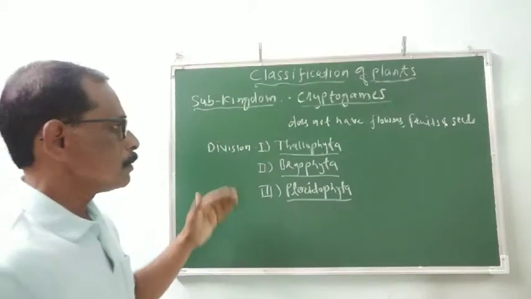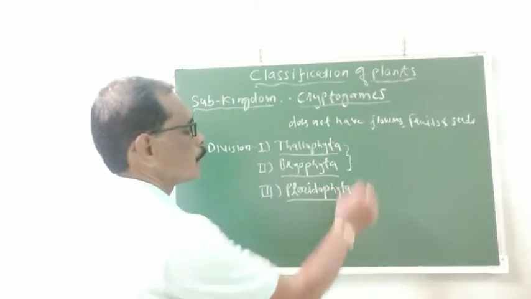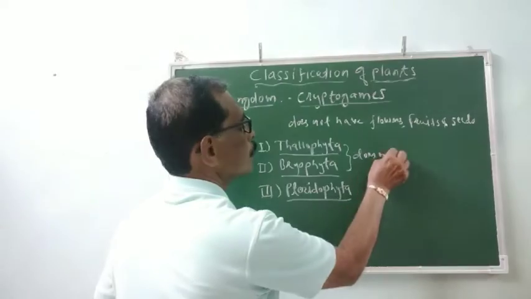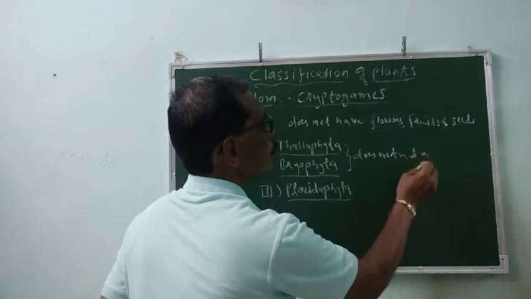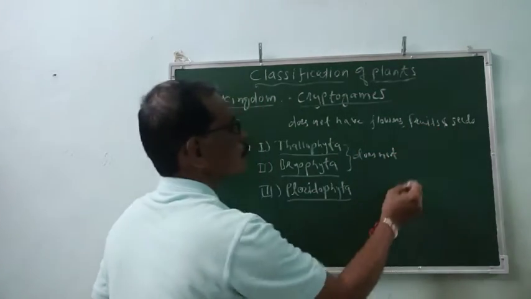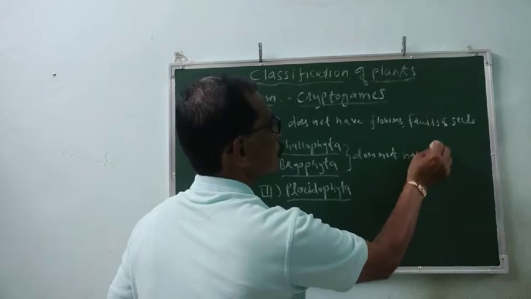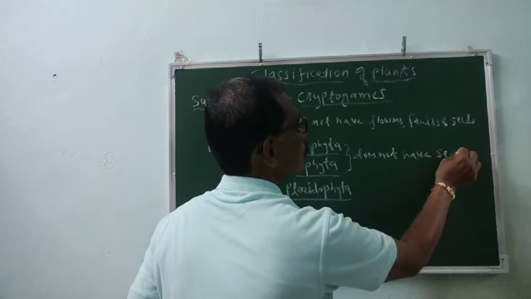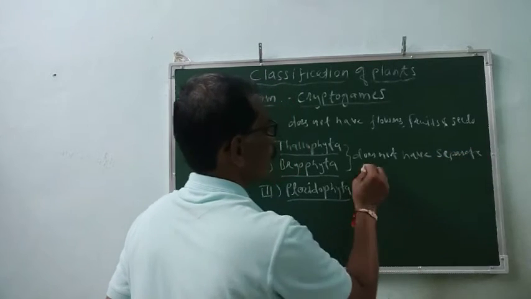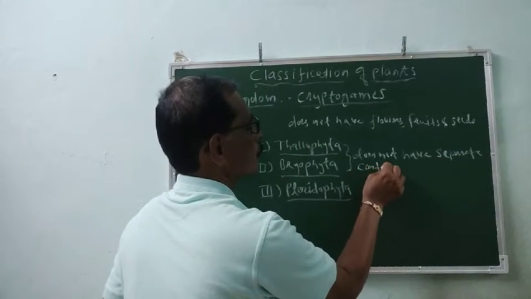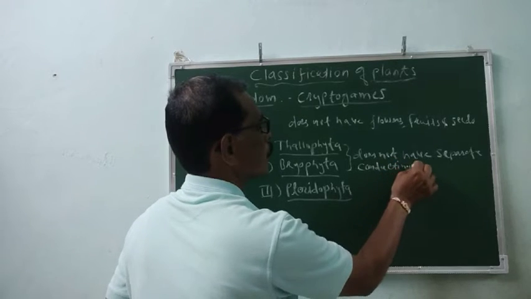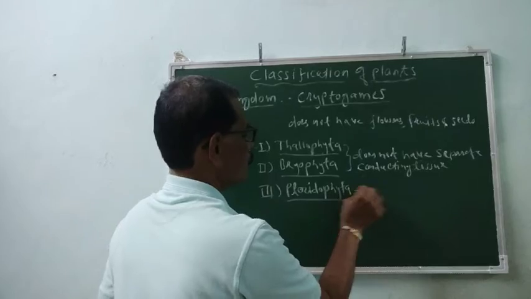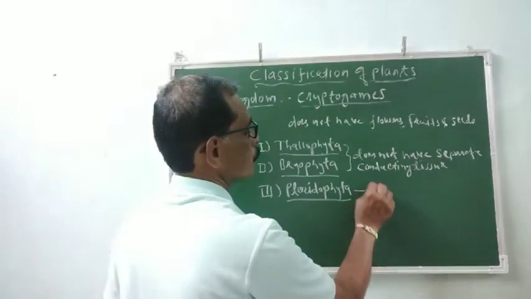From that, Thallophyta and Bryophyta do not have a separate conducting tissue, and Pteridophytes have a conducting tissue.